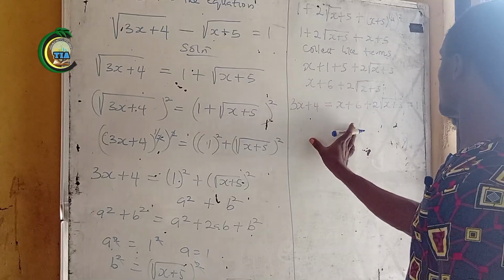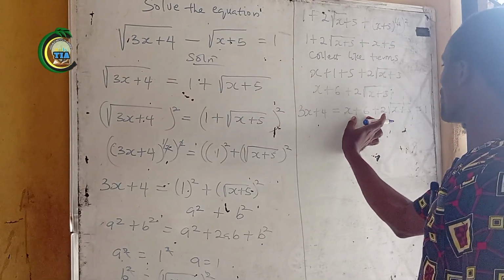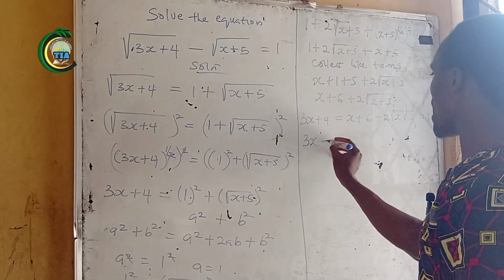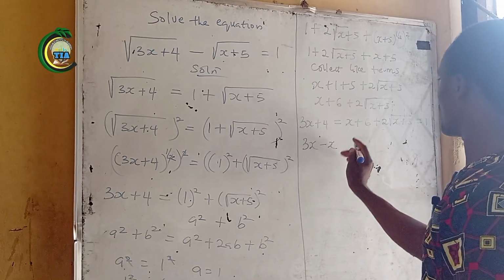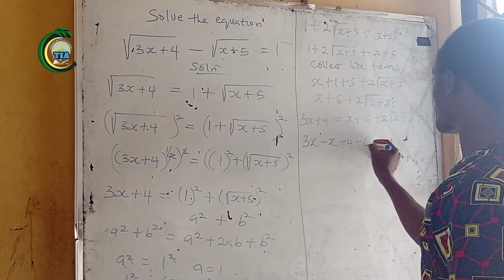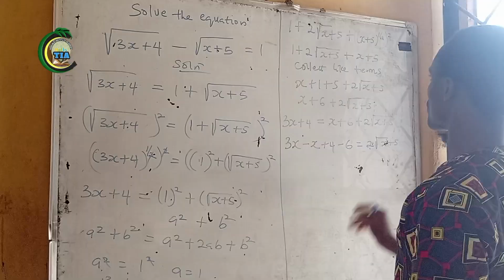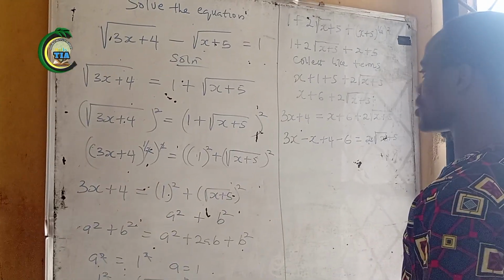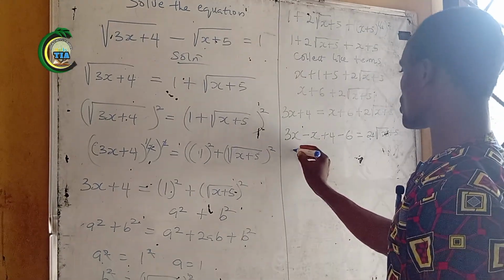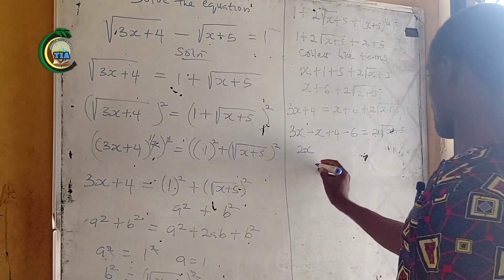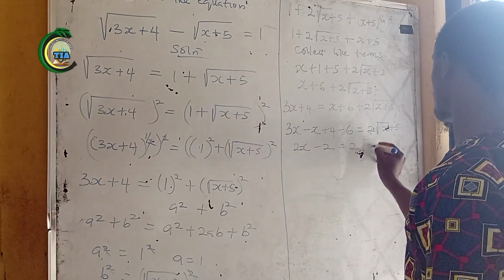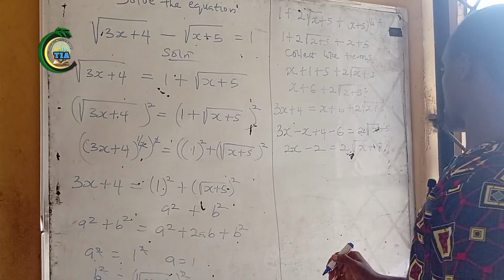We now have to move this to this side, so we now have 3x minus x, then plus 4 minus 6. Okay, so this minus this is 2x, and 4 minus 6 is minus 2, so 2x minus 2 is equal to 2 root x plus 5.